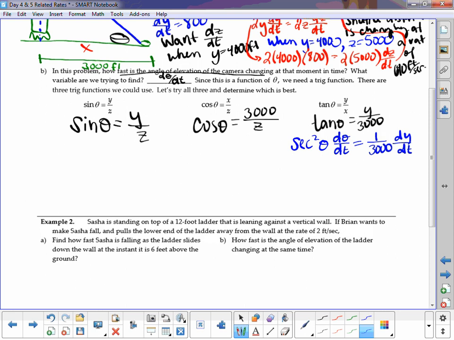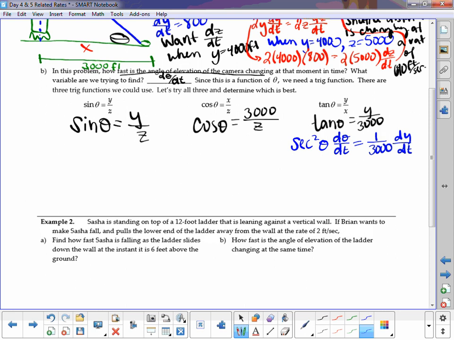We can't plug in the 5,000 to be found before the derivative, so we can only use the 5,000 after I've done the derivative. Right now I can't put it in, but once I do the derivative, I can.